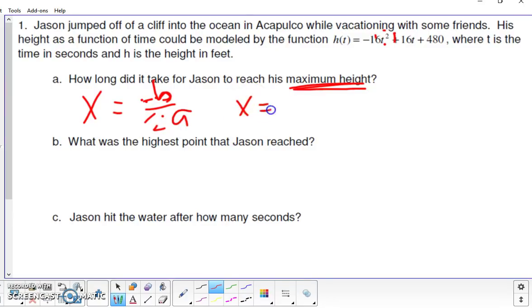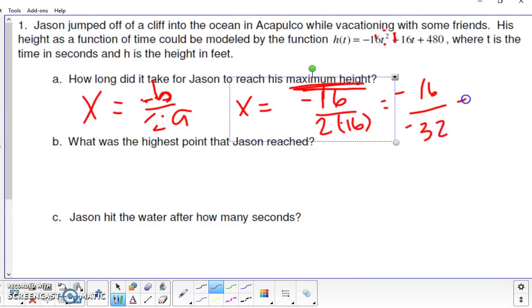So x equals negative 16 divided by 2 times negative 16 equals negative 16 over negative 32, which equals 1/2. So it takes him about a half a second to reach his maximum height, which makes sense. We're talking about jumping off a cliff. That answer really applies to this situation.